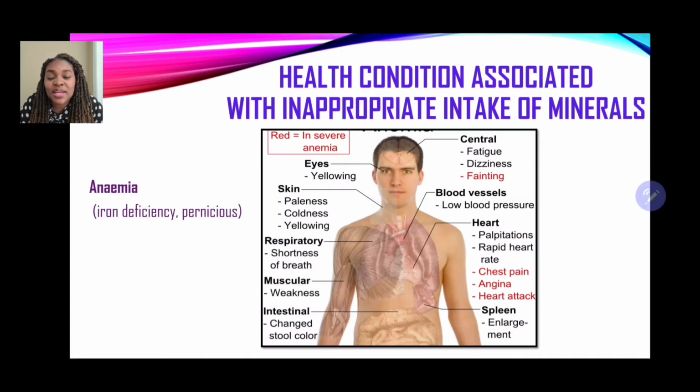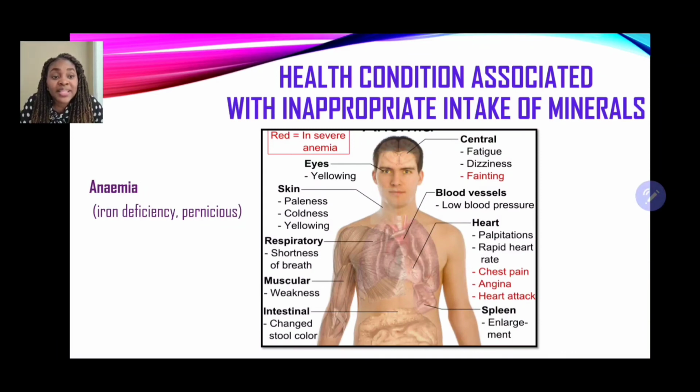Or the same thing that persons may say, if you ever hear this phrase, my heart is a-flutter, right? So a person's heart may be fluttering. Good. Now, there's also chest pain, angina, or heart attack, which may become a result of someone being anemic.